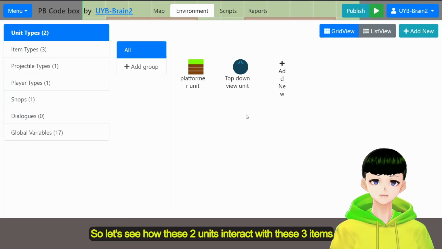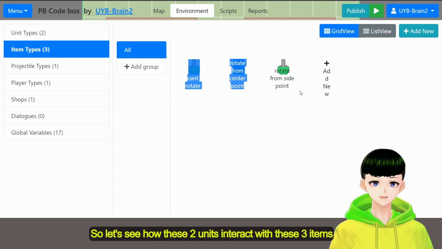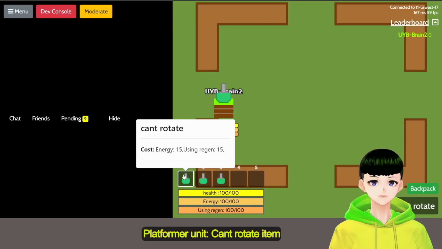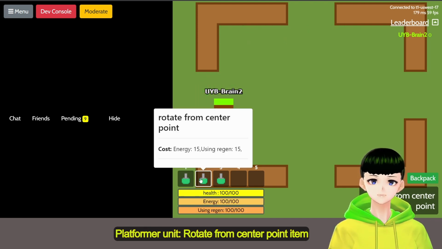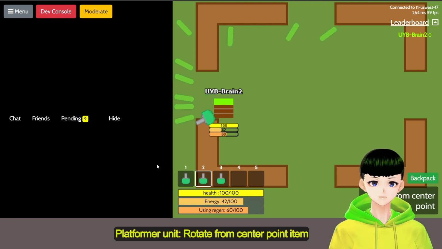So let's see how these two units interact with these three items. Platformer unit using can't rotate item. Platformer unit using rotate from center point item.